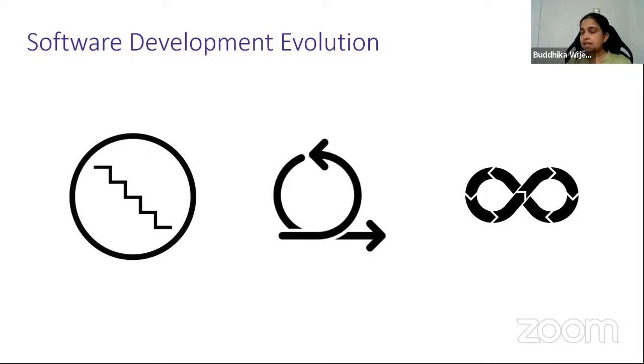Then Agile came onto the scene, and Agile was a very successful game changer to handle these requirement changes. The problem that Agile could not solve is that Agile was designed only for the software development phase.